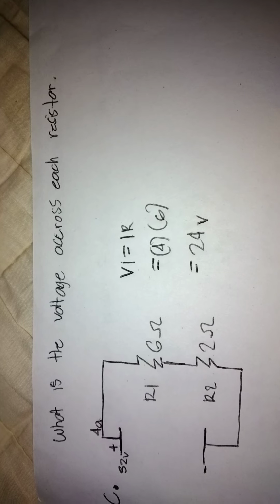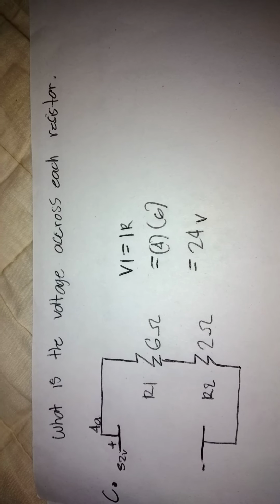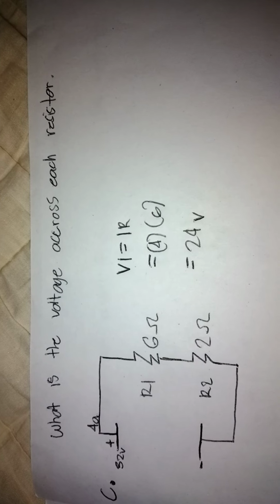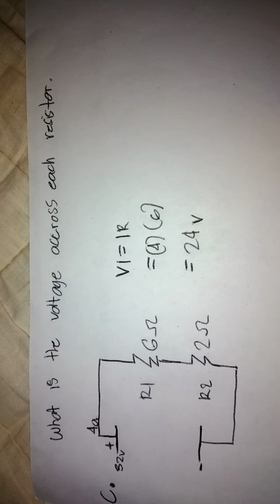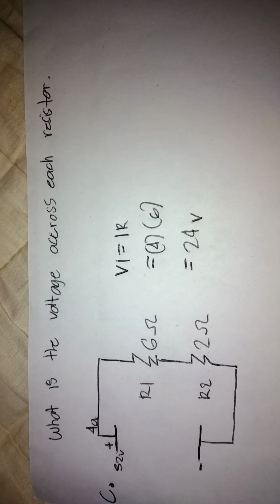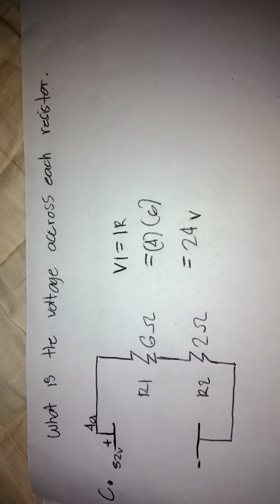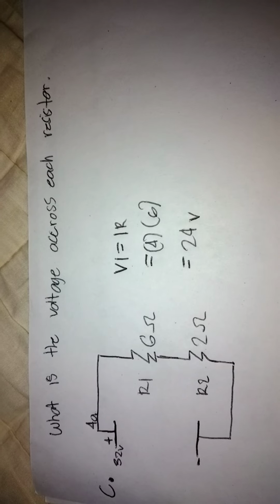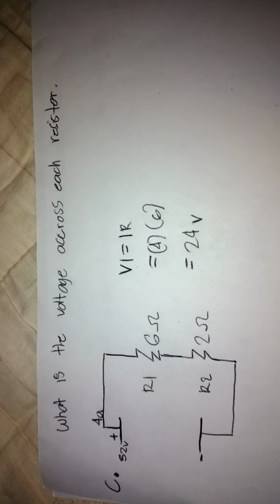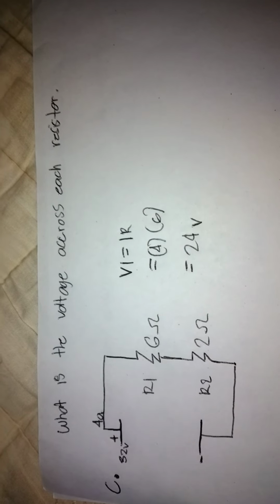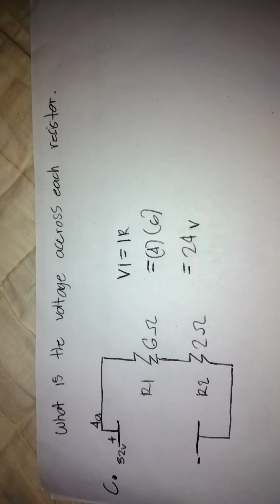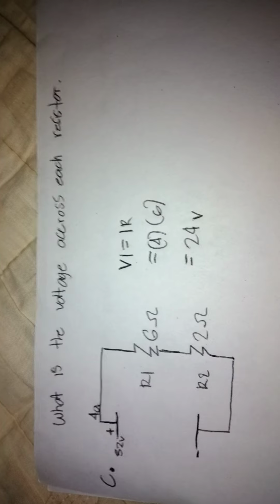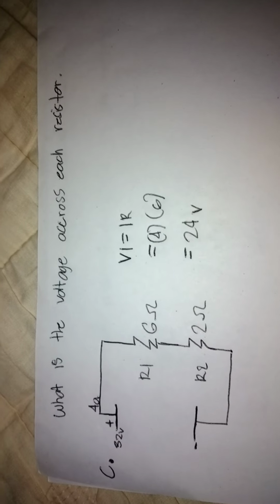So we have the formula here. V1 is equal to IR, the current times the resistance. So V1 is equal to 4 amps multiplied by 6 ohms, so we have a total of 24 volts.